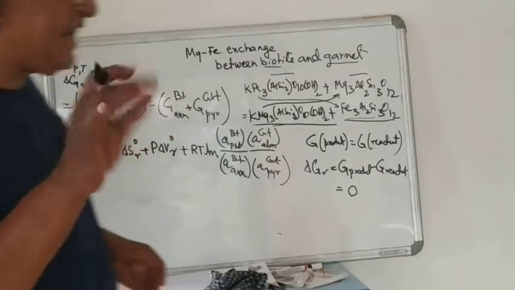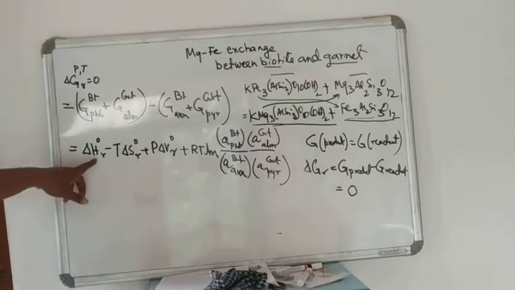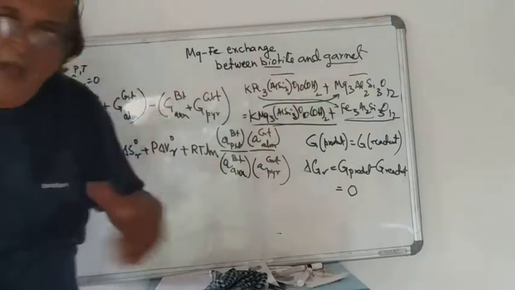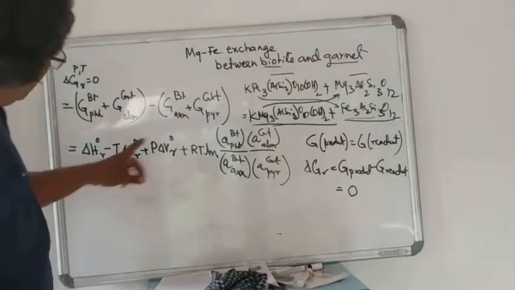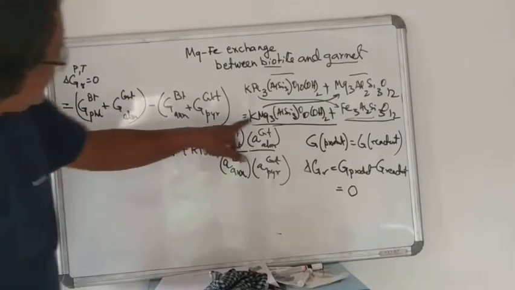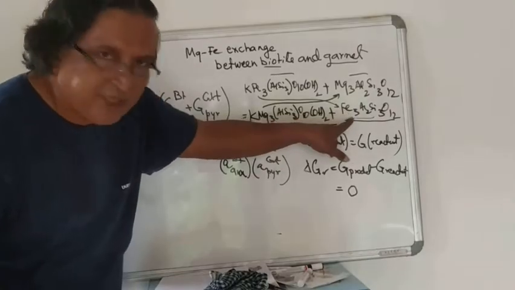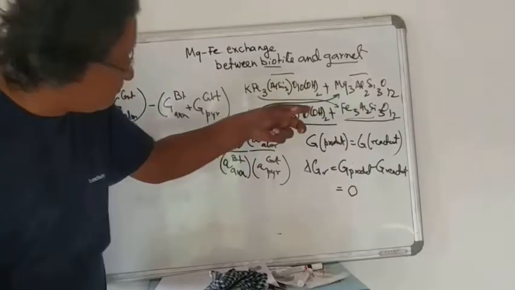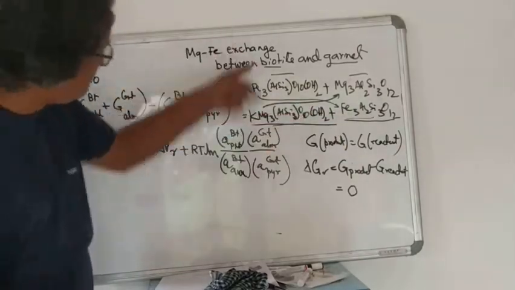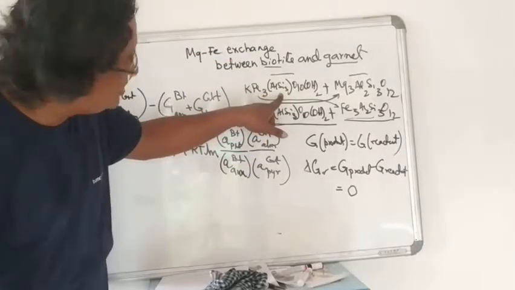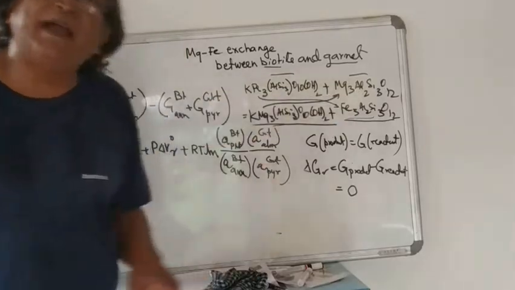Now, I can ask you, what does delta H0R mean? It is the product minus the reactant. So what is delta H0R? It is H0 phlogopite plus H0 almandine minus, within bracket, H0 annite plus H0 pyrope.